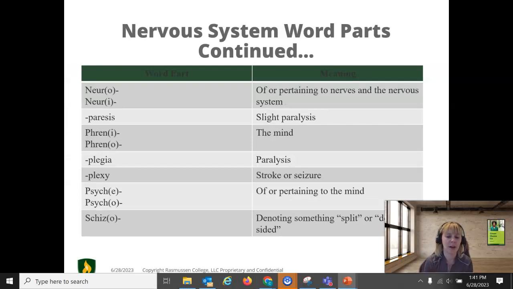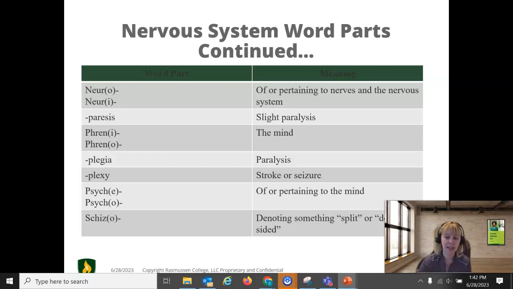We also have more word parts: neuro or neuri, pherino, psyche or psycho, and schizo. And again, more suffixes: paresis, pelgia, plexi. Make sure that you do know those. It's going to be very important for your upcoming course project as well as the quiz.